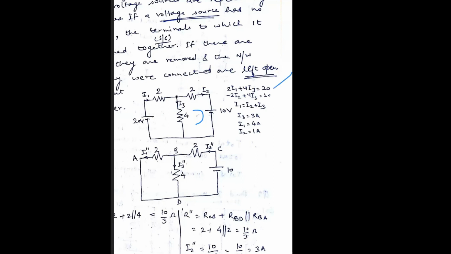Okay. Similarly, in the second equation, second loop, you can take any polarity, that is up to you. But if you are taking the polarity based on the positive terminal of the battery, then this will be the direction.